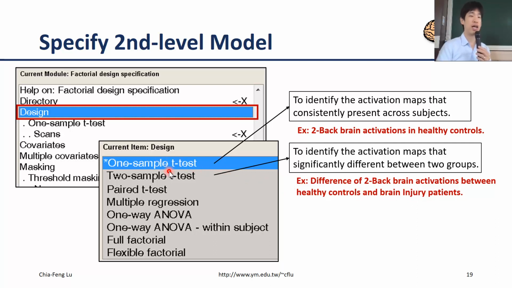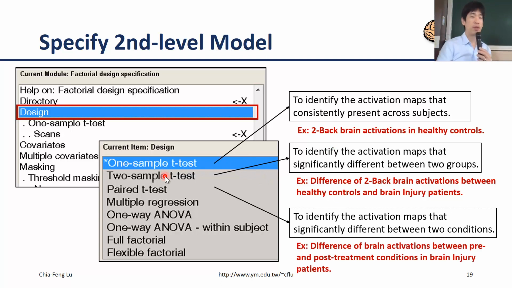If you click on two sample t-test, you will find you need to input two different data sets. One is the 10 contrast maps from the healthy control folders. The other data folder would be the brain injury data folders. We will see this later, don't worry.